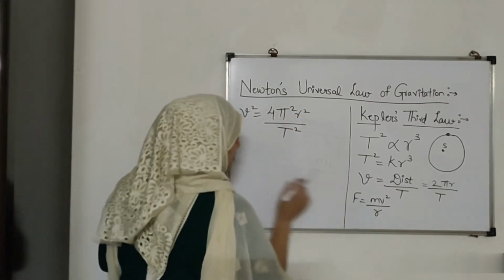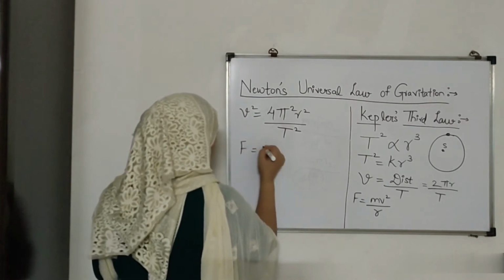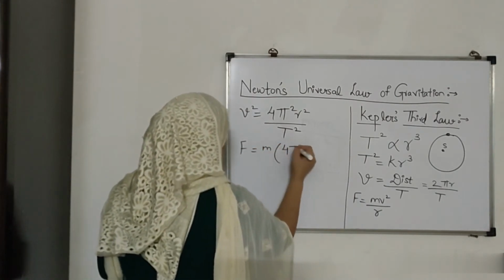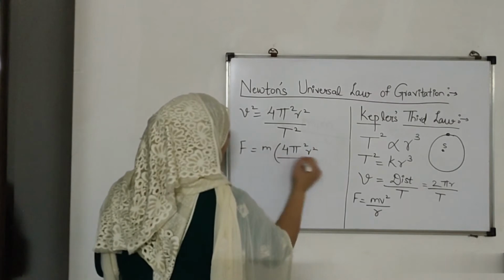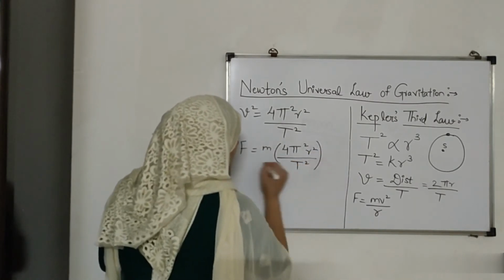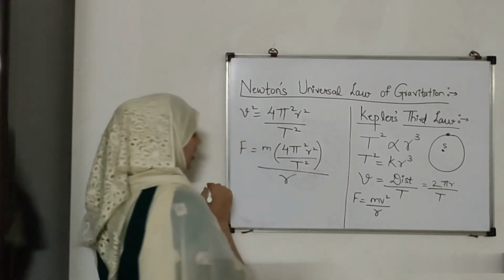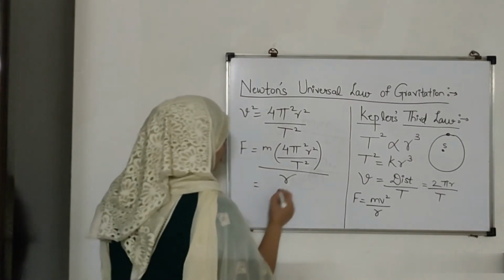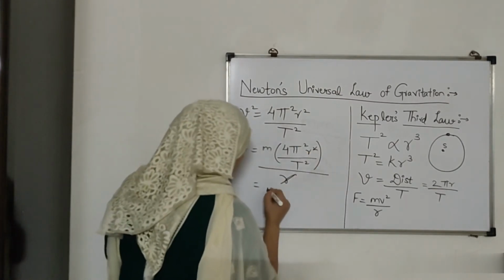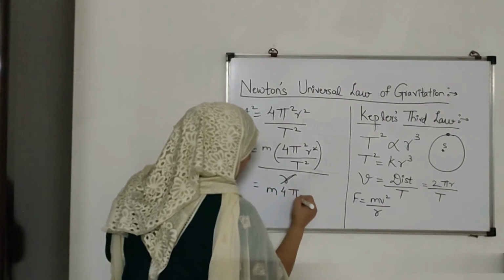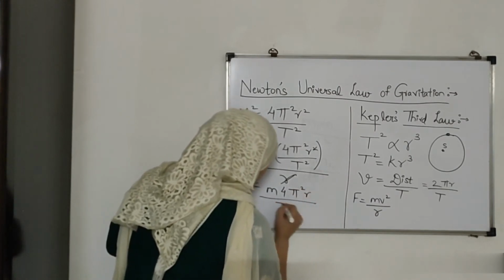Substituting, F becomes m 4 pi square r square upon T square, upon r. This gets cut, so I have m 4 pi square r upon T square.